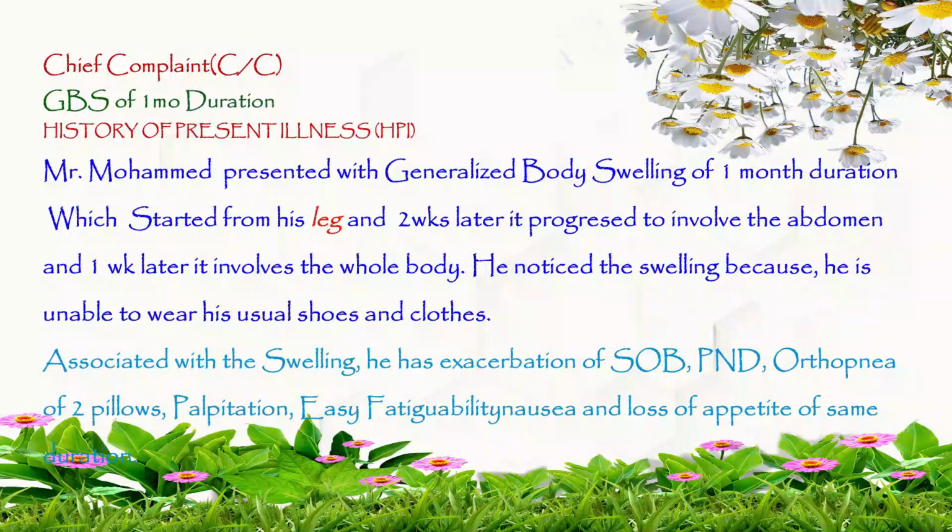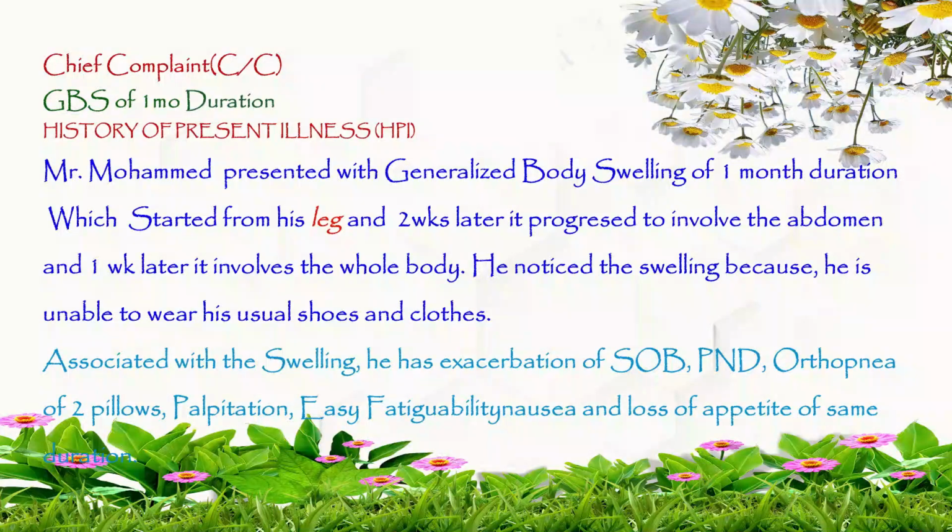From these statements we can understand that the duration of the swelling is 1 month, and it explains sequentially how it progressed, starting from his leg, and after 2 weeks it involved the abdomen, and after 1 week it involved the whole body.